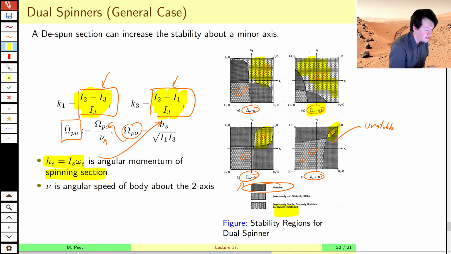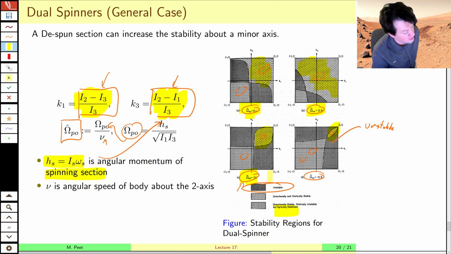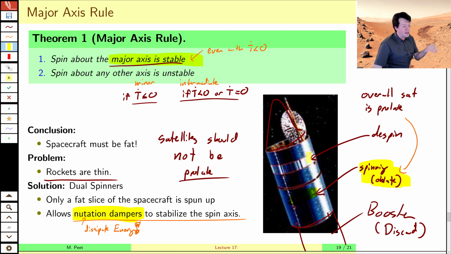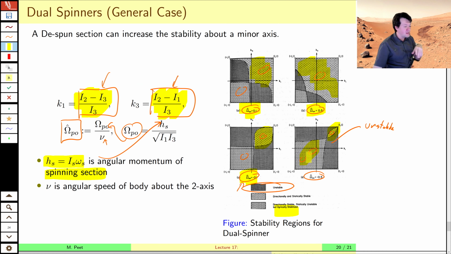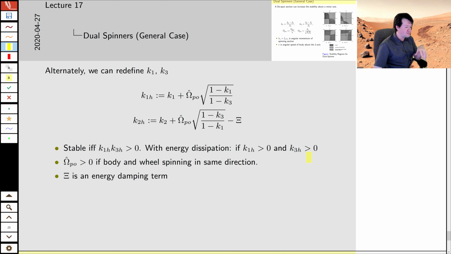So that's the best case, the second best case. And as this gets more negative, things get worse. But I don't want to talk about this in any great depth because I guess it's all in the end a little bit out of date. But the point is that the spinning part being oblate is not quite enough for stability of dual spin spacecraft. But we don't have many dual spin spacecraft anymore, so oh well.